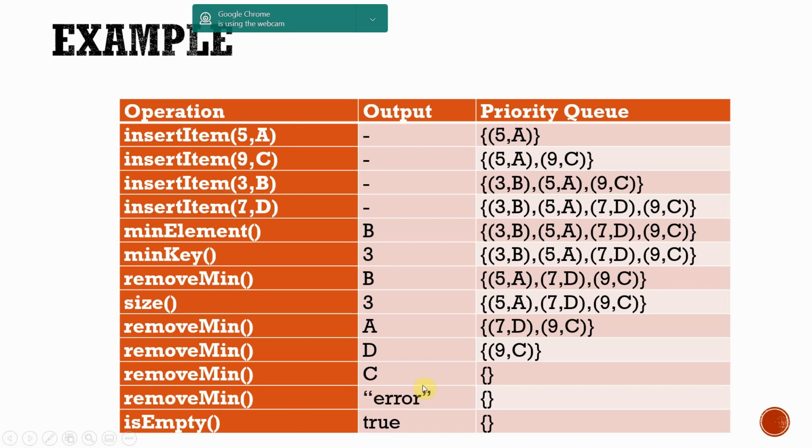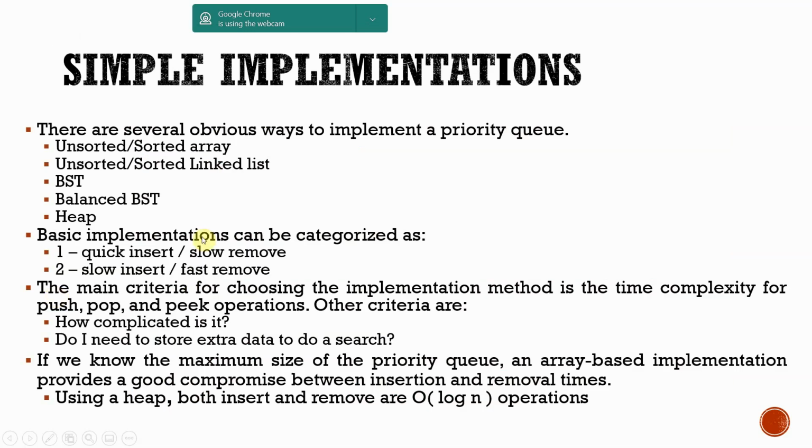For these cases, we have to throw an exception if we don't want to get a runtime error. And another one is basically a Boolean function that tells us if the priority queue is empty or not empty.